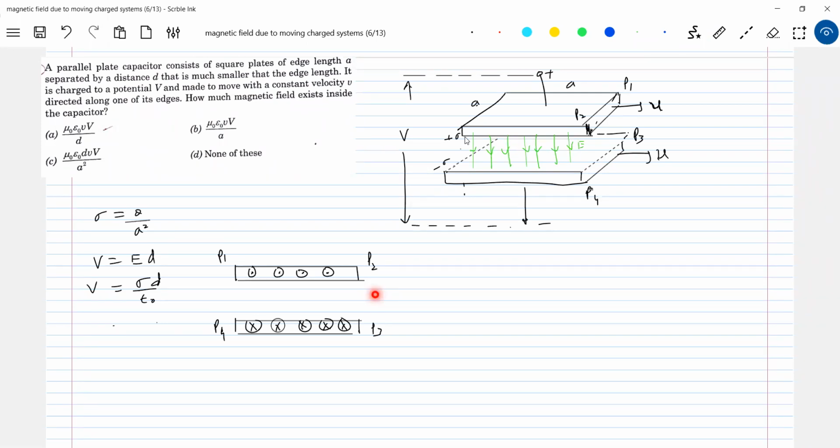Now what about the field strength? Due to this, the field should be in this direction, and due to the lower plate, it should be in the downward direction.